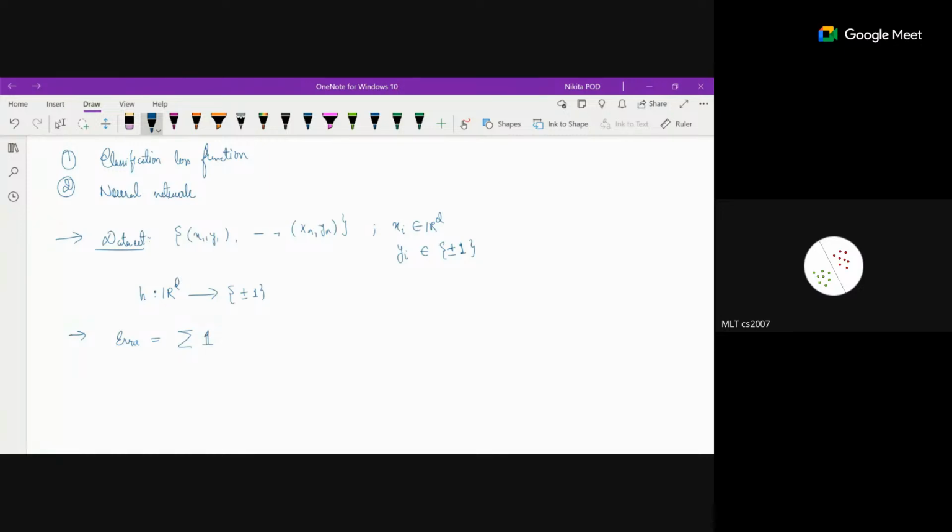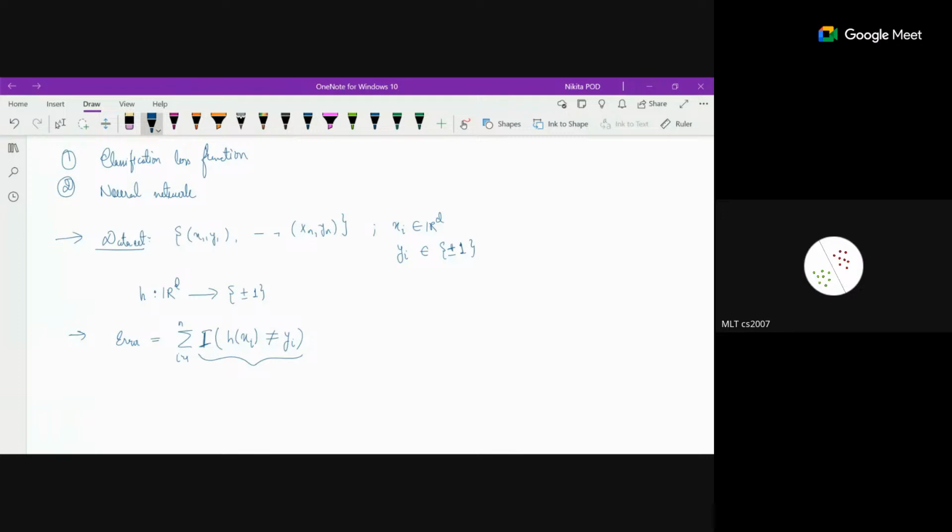We are saying indicator of h of xi not equal to yi, and i is varying from 1 to n. So this is how we define this error function. And this is nothing but your indicator function, right?